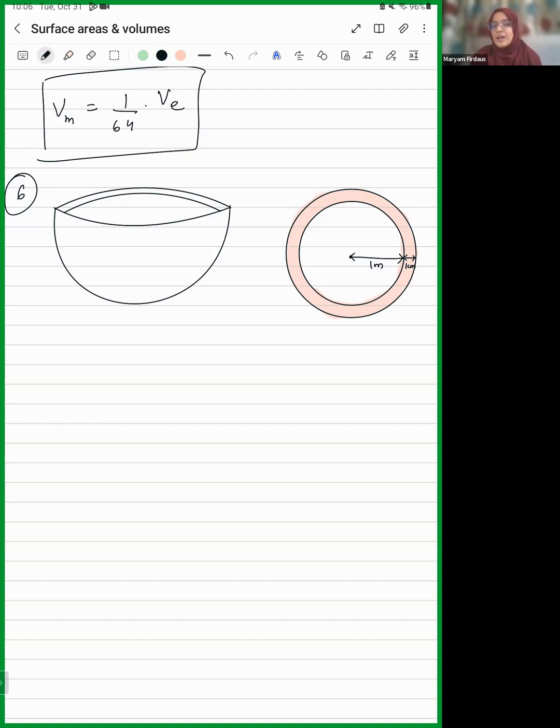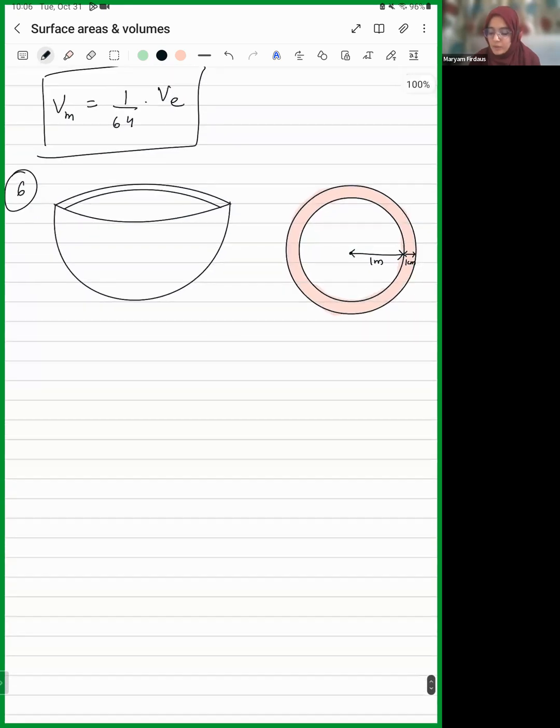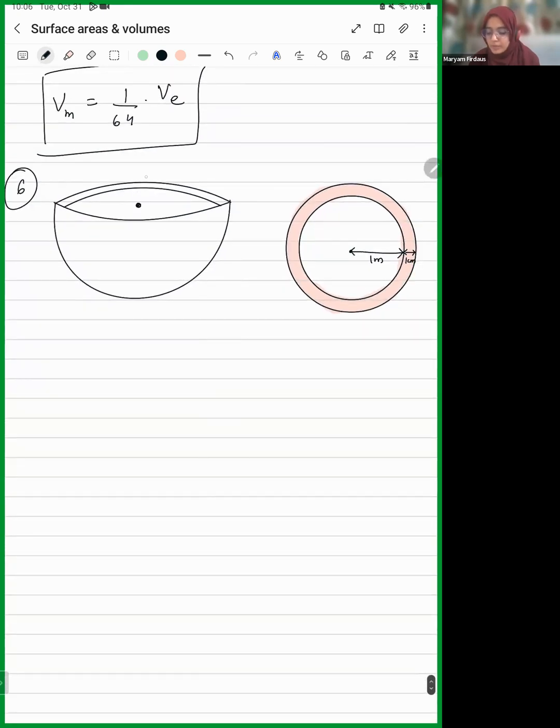Did you understand what they are asking us to find over here? They are asking us to find that this tank is made up of some material, right? They're asking you to find how much volume of iron is used to make this tank. Meaning you have to find out the volume of the iron that is present over here. So what does that mean? That means the thickness of the tank, right?